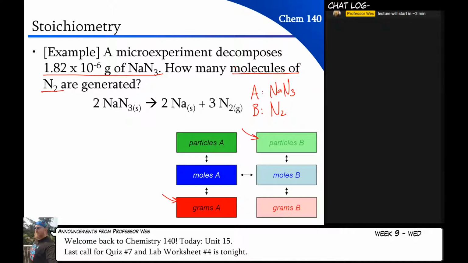So I want you to try this calculation. Starting with that mass, tell me how many molecules of nitrogen are generated. Follow the exact same strategy that we did on the previous slide. I'll give you about 5 minutes to try it, and then we'll go over the answers together.